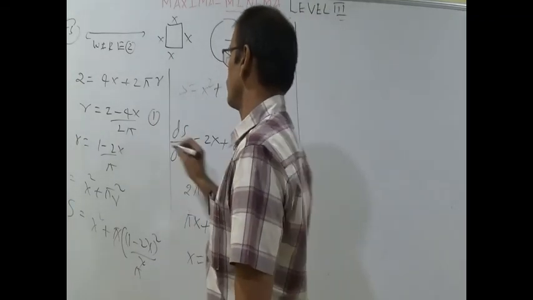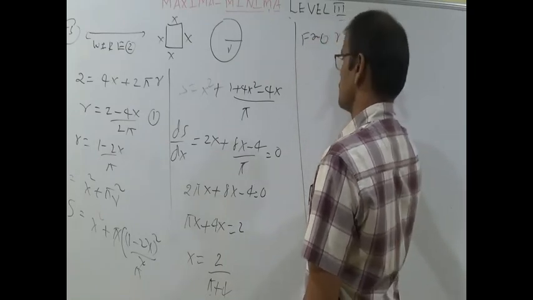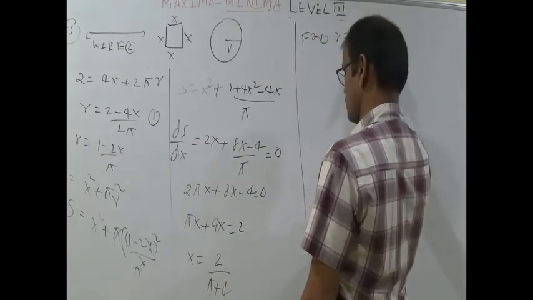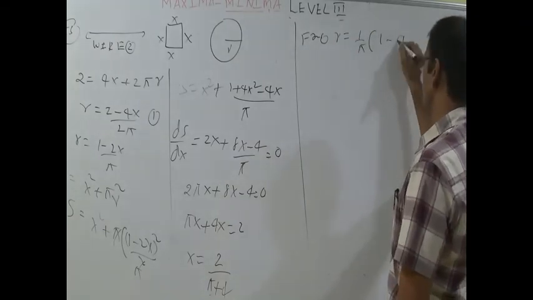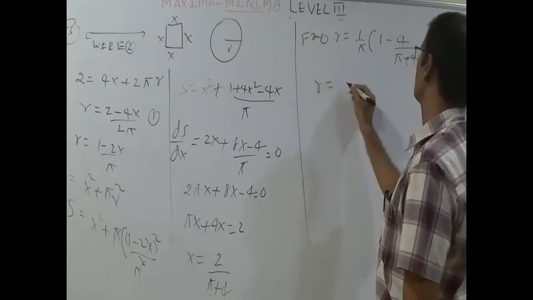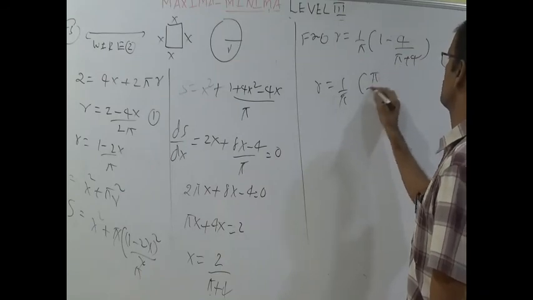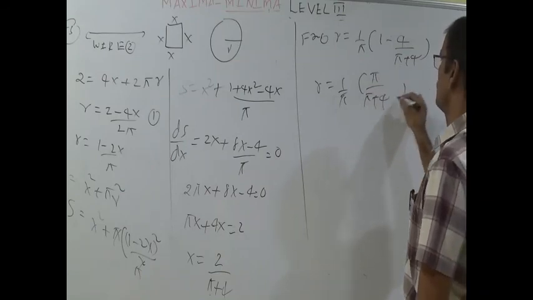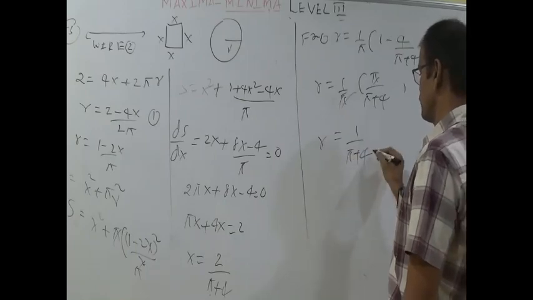You write here, from 1 I am writing. From 1, r is equal to 1 by pi taken common, 1 minus 2x. So what is 2x here? 2x is 4 by pi plus 4. So r is equal to 1 by pi into pi plus 4 minus 4 got cancelled, pi by pi plus 4. So pi get cancelled. r is equal to 1 by pi plus 4.